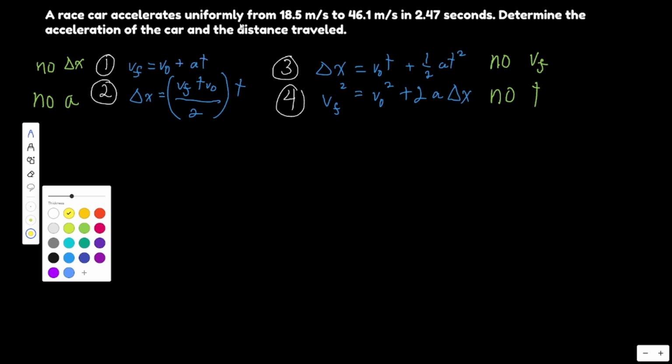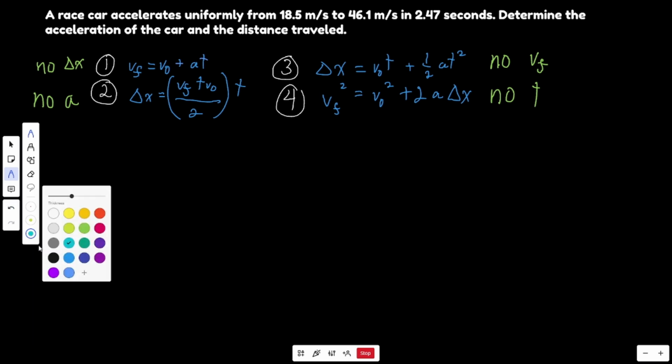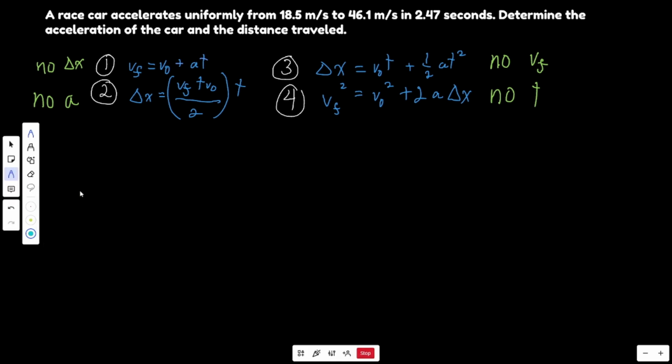A race car accelerates uniformly from 18.5 meters per second to 46.1 meters per second in 2.47 seconds. When we see the word "from," that means we start from somewhere, so we are given an initial starting point. Therefore, when we write down our givens, our initial velocity is 18.5 meters per second.